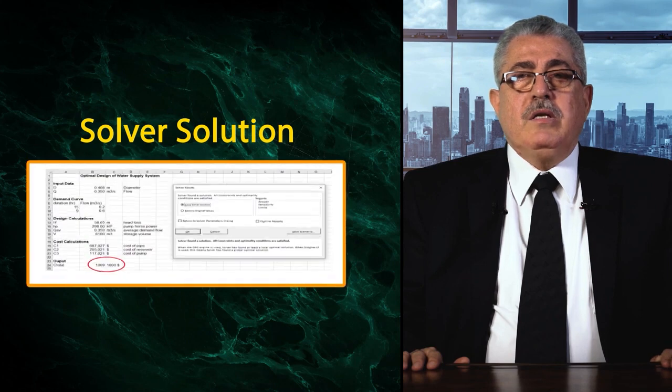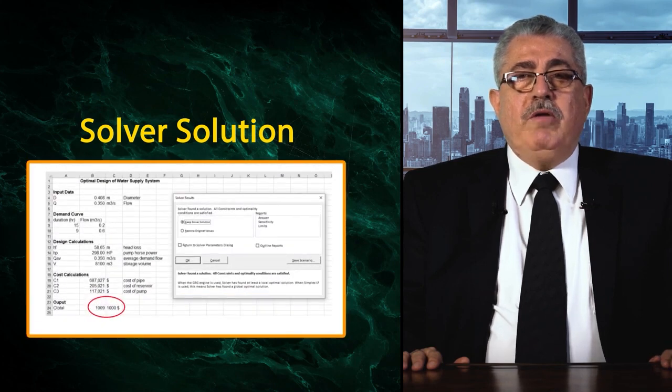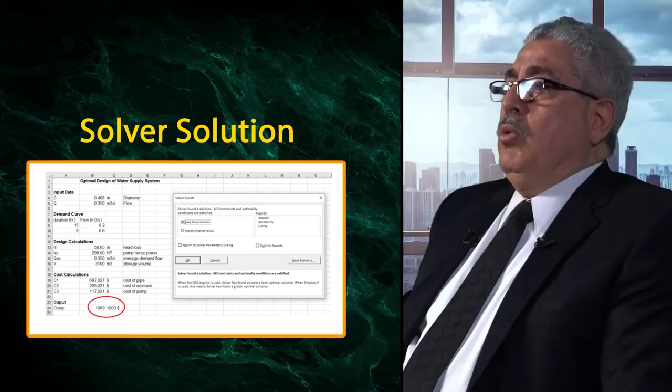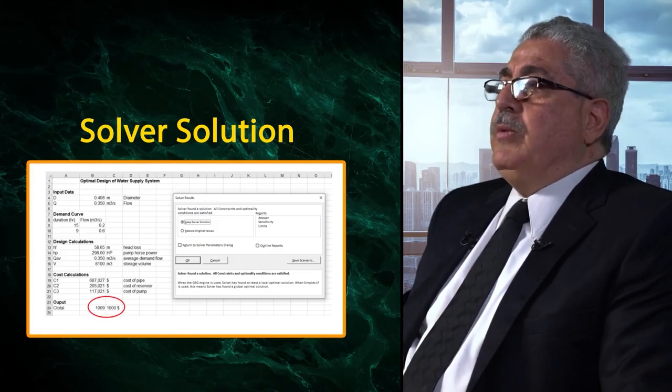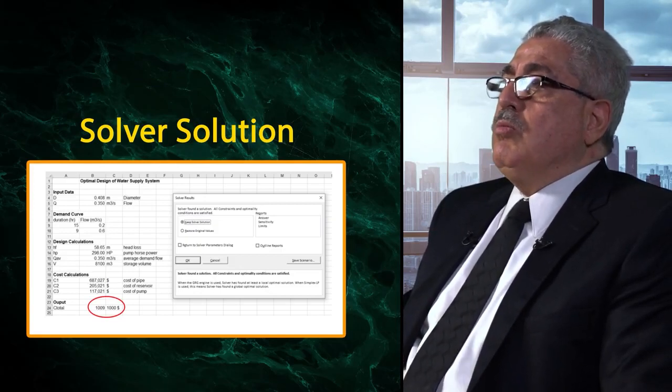Using the GRG nonlinear solving method, the optimal solution is found with minimum cost of 1,009,000 and optimal values for D is 0.408 and Q is 0.305, which are the same values obtained from the isocost contour map shown before. This is an enlarged snapshot of the workbook for the nonlinear programming solution.